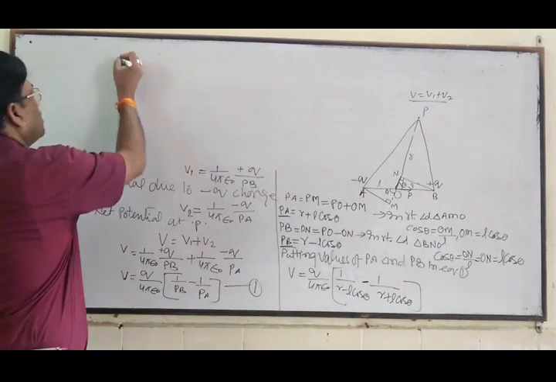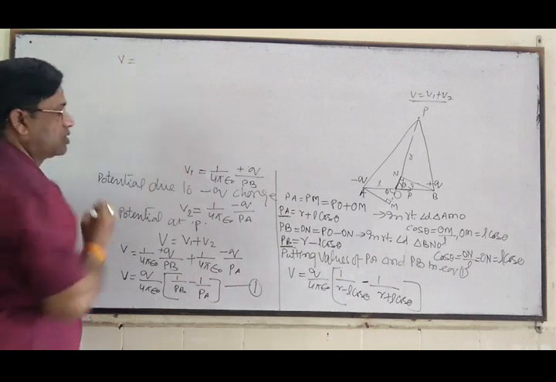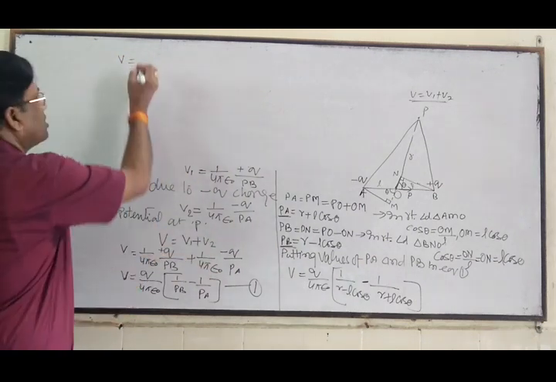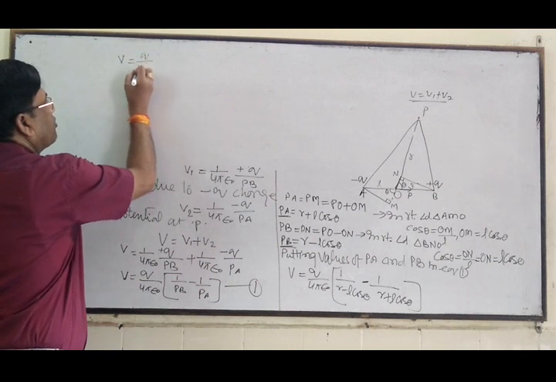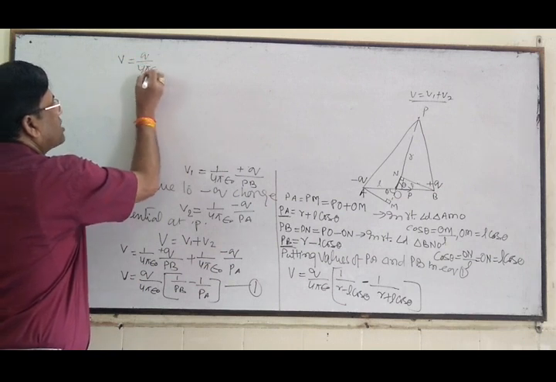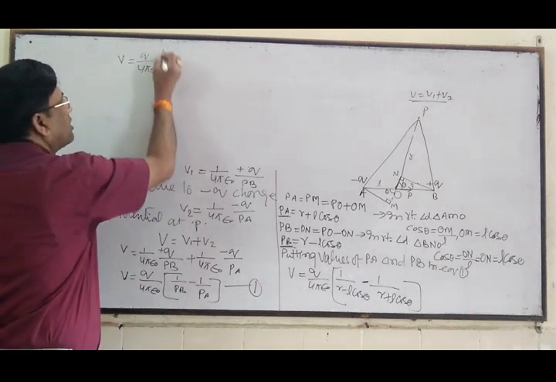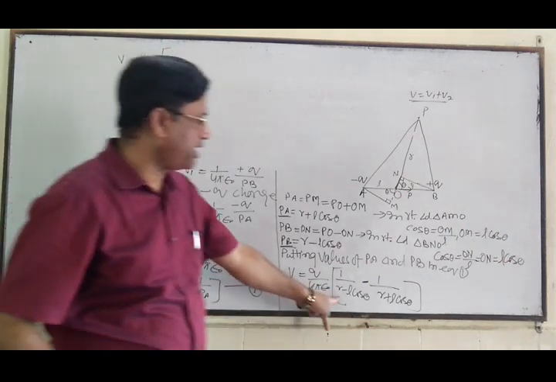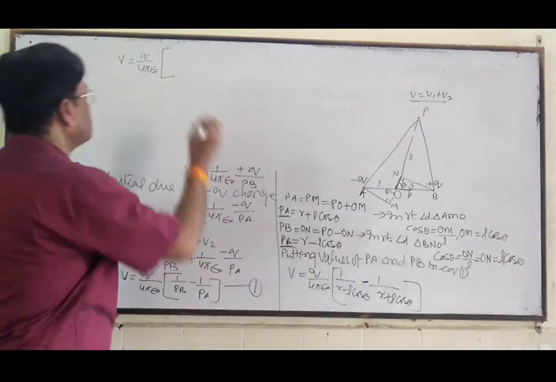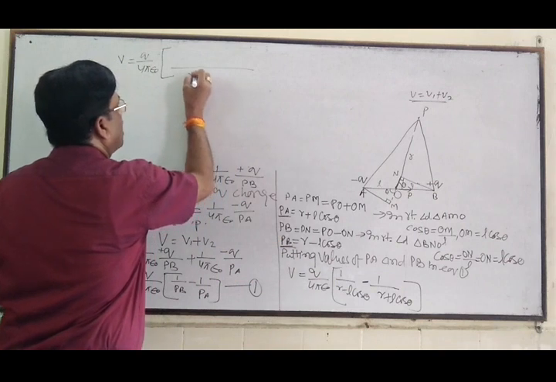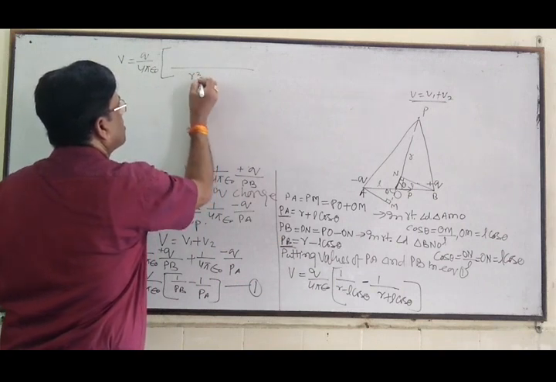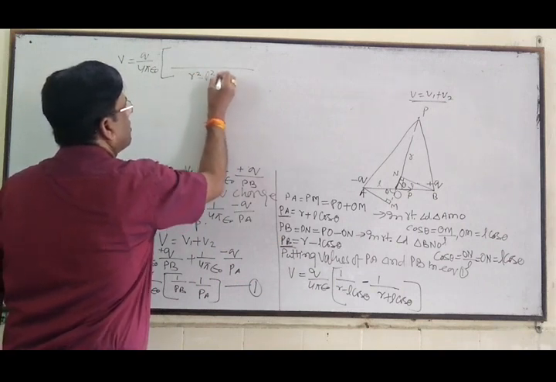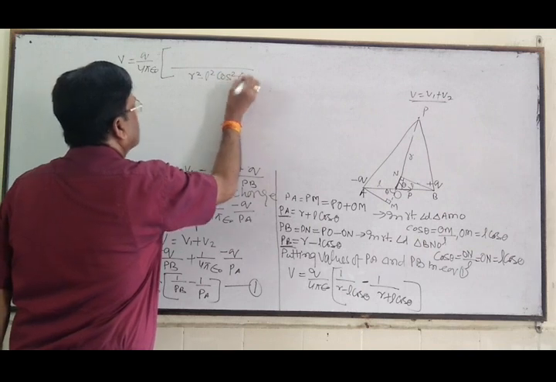V is equal to Q upon 4 pi epsilon naught, and here the LCM we have taken is R square minus L square cos square theta.